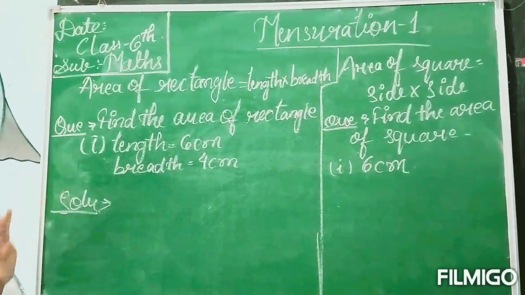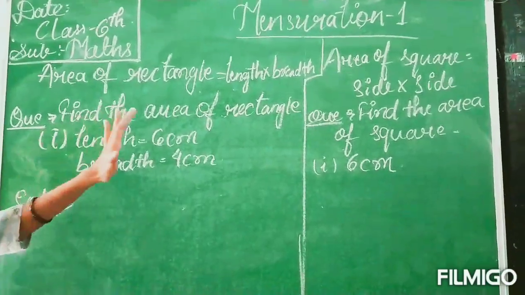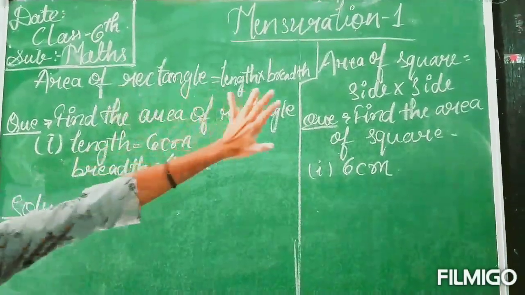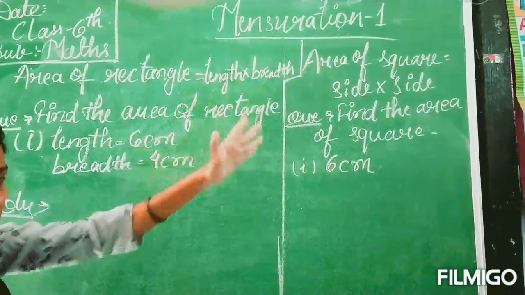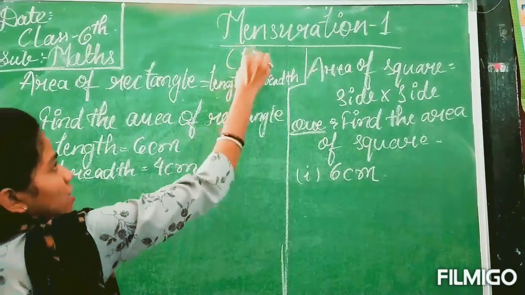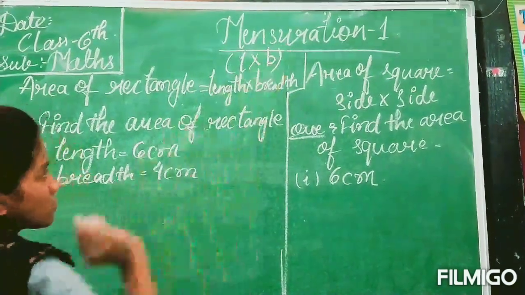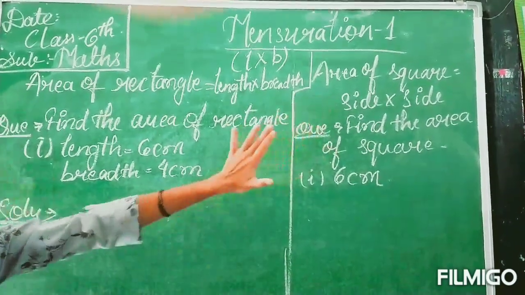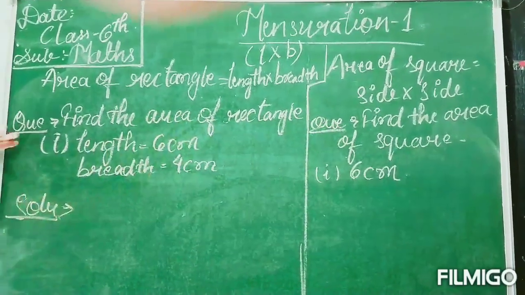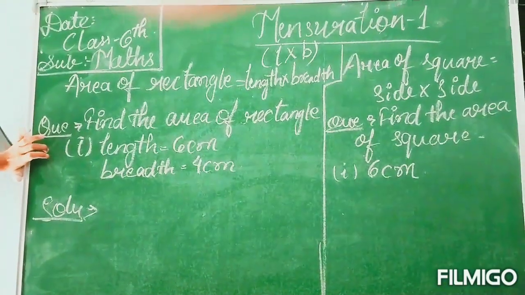I will take another question for the simplification of the confusion. Area of rectangle and area of square. Area of rectangle formula is length into breadth; we can say L into B. Then area of square is side into side. This was the formula of square. First question we can take about the rectangle.